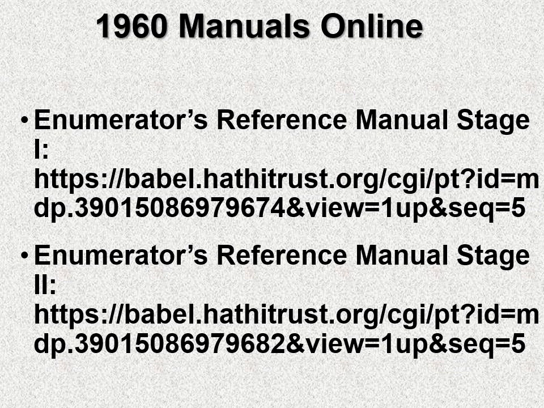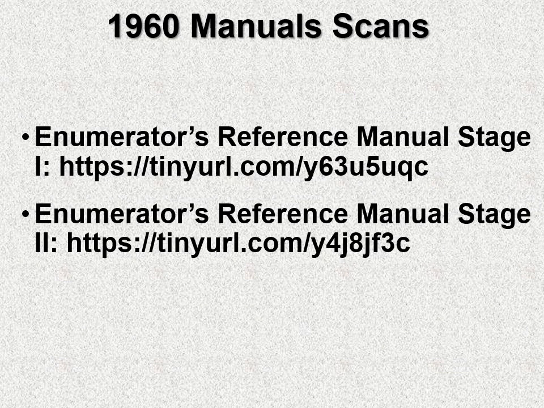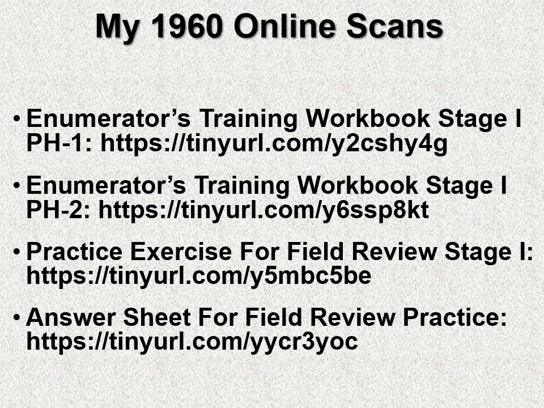And my home institution, California State University, Fullerton, of which I'm an emeritus professor, is not a member. So I decided that I would scan all the manuals and offer them free to you. It's on my Dropbox account. Get them while you can. I don't know what happens to Dropbox accounts over time. I also scanned the training workbooks that I showed you, the field review as well.